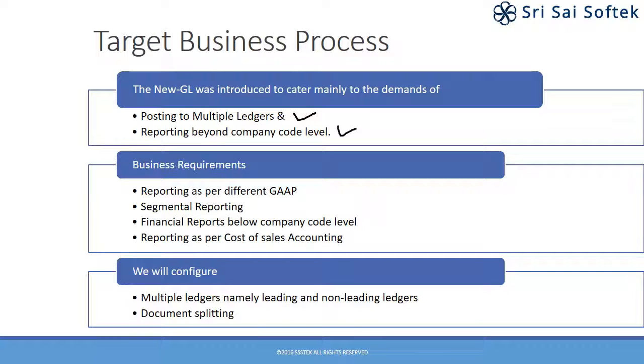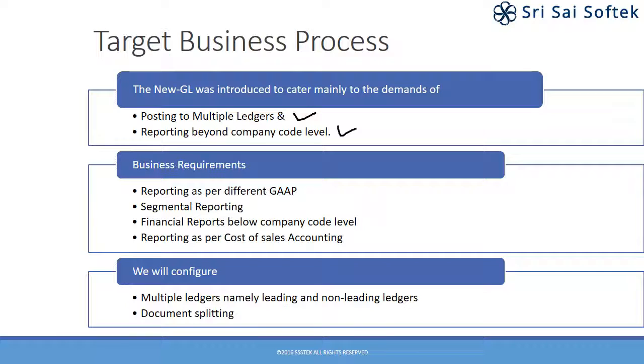In other words, earlier if you wanted to generate a balance sheet for a profit center, it was not possible because the controlling area entries were getting posted only for the expense line item. The balance sheet line item was not getting posted to the corresponding profit center. With the new GL, this facility is enabled.